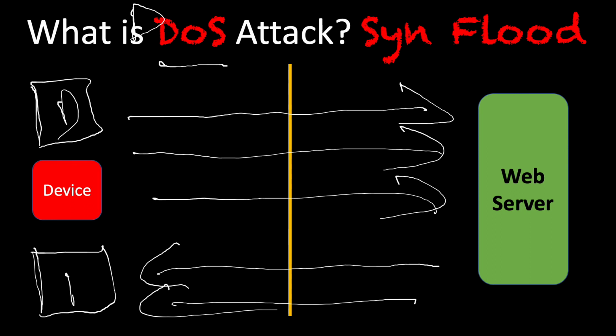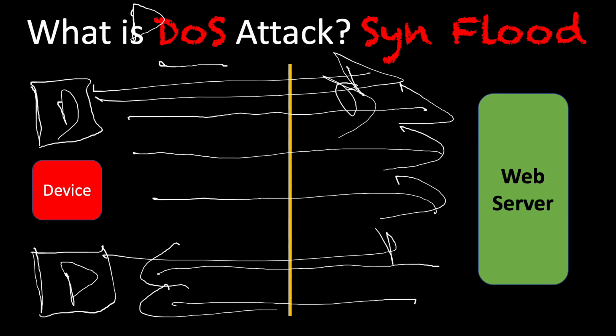Distributed DoS means that instead of one device being compromised as the source of that SYN flood, it's coming from multiple sources. So we're also coming from here as well and from here as well. That's the distributed aspect: the DoS attack is distributed in its nature.